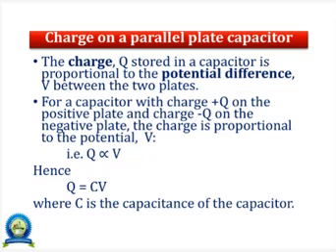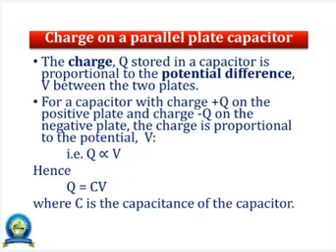Let me take that again. The quantity of charge that is stored is directly proportional to the potential that is applied to the capacitor. And the constant of proportionality is the capacitance of that capacitor, which is C in this expression.